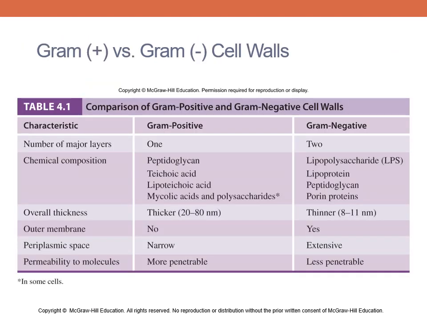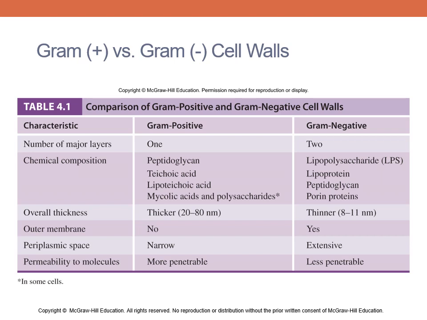This table is a nice overview of the differences between gram-positive and gram-negative cell walls. We've discussed all of these differences, but I want to point out the permeability characteristic. Due to the outer membrane, gram-negative organisms are less penetrable by molecules, for example antibiotics.